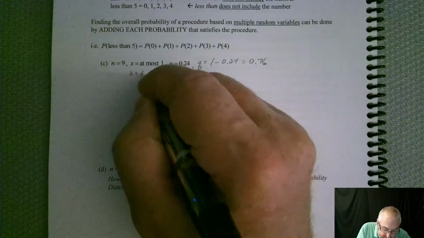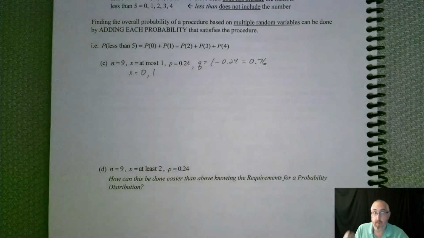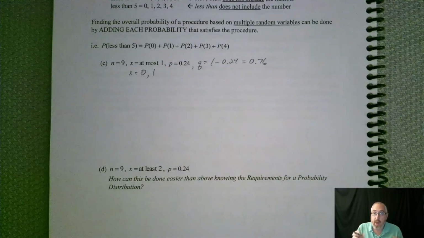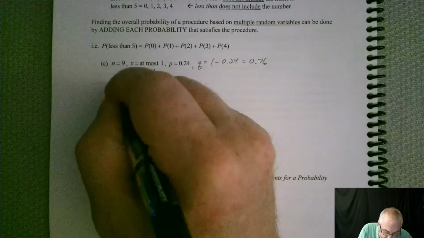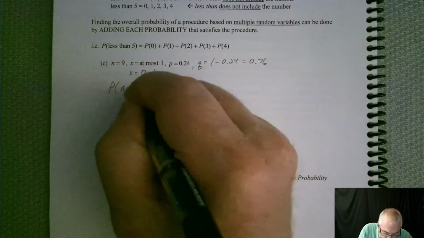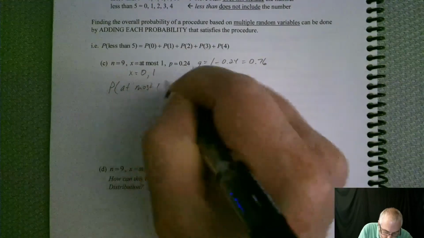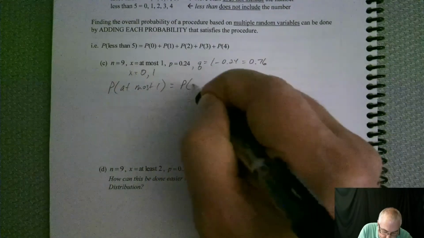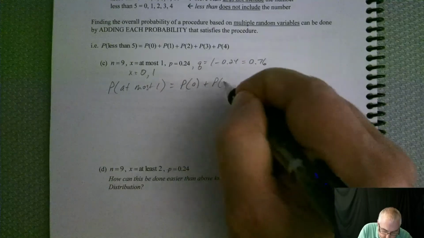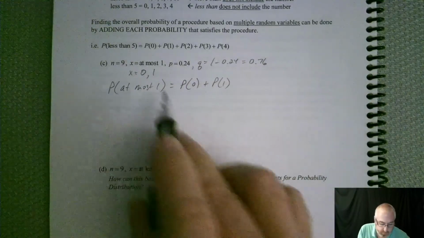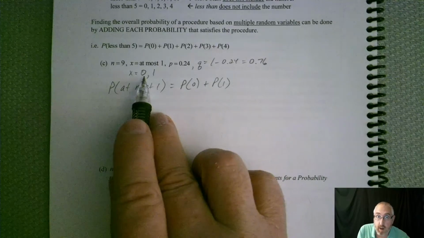The only thing less than 1 is 0. So now we know the specific cases we need to find, because the probability of at most 1 is equal to the probability of 0 plus the probability of 1, based on what we just described.